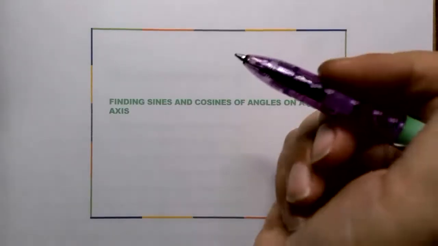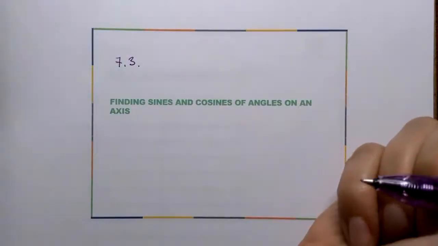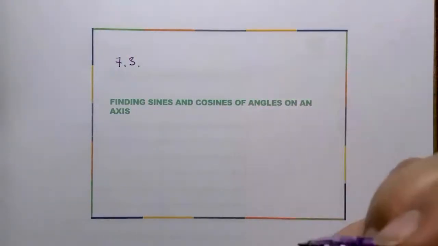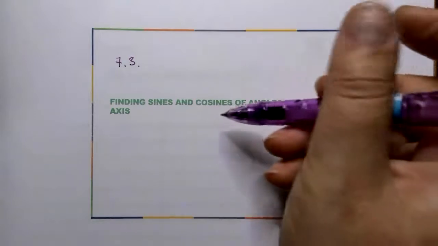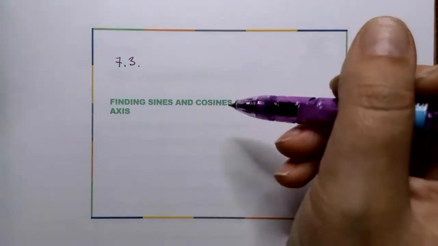Hello and welcome to our next video on section 7.3, and we continue talking about sines and cosines. This time we're going to talk about angles on an axis.